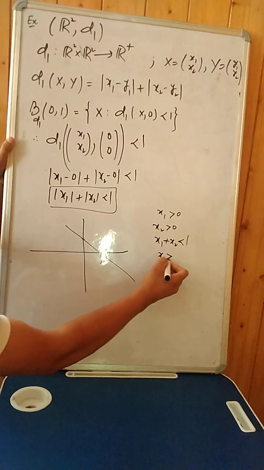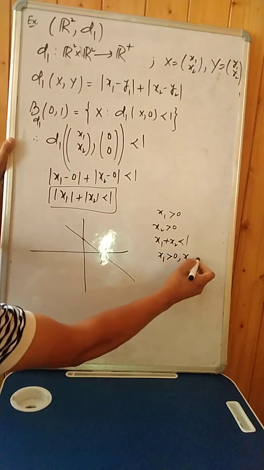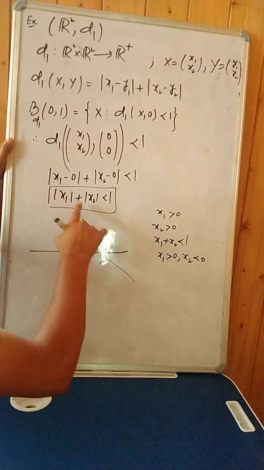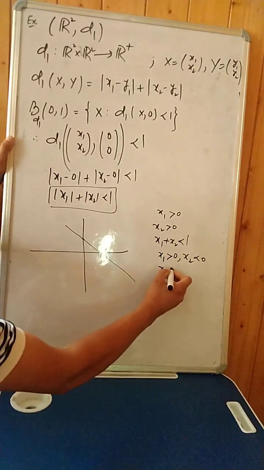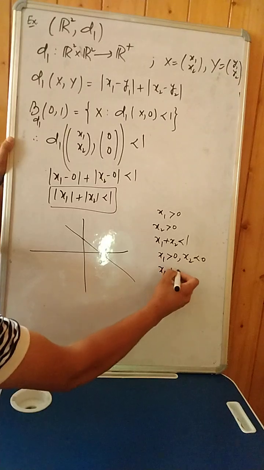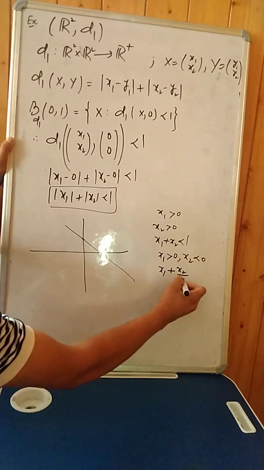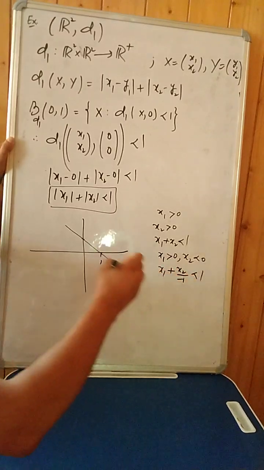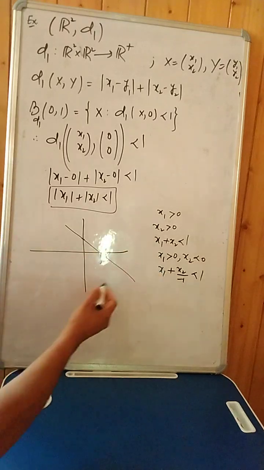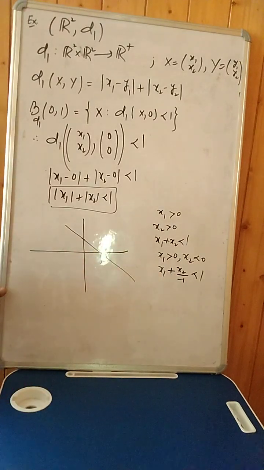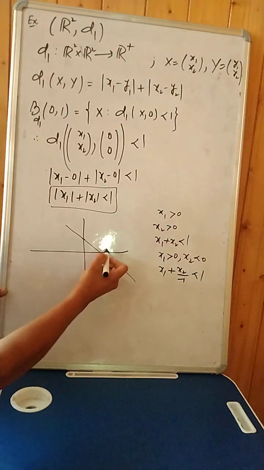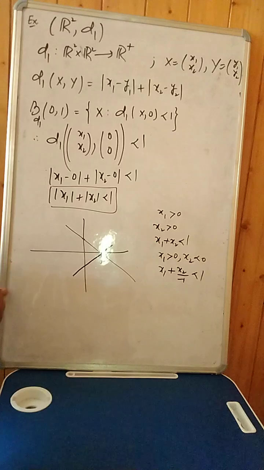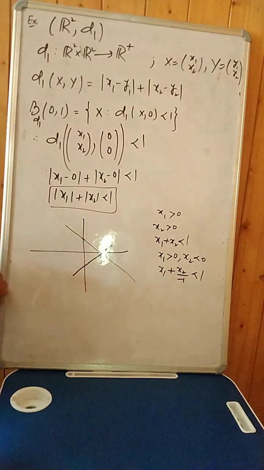And if x1 is positive and x2 is negative, then it will become x1 minus x2 less than 1, and geometrically it represents the region above this line.